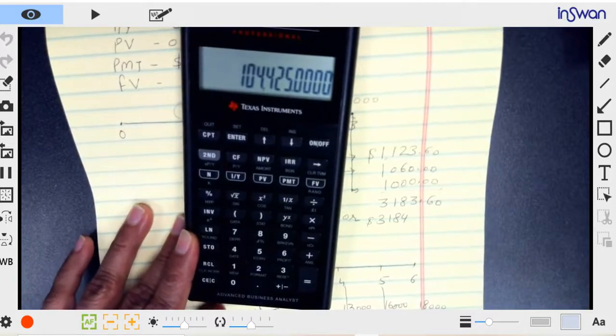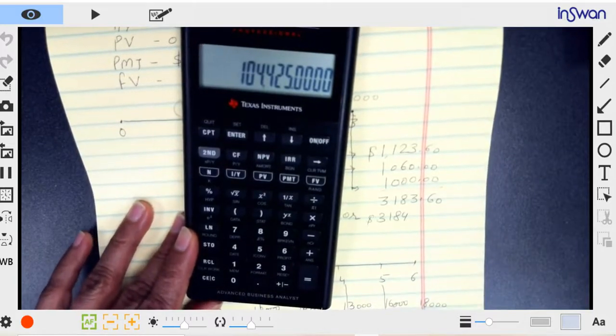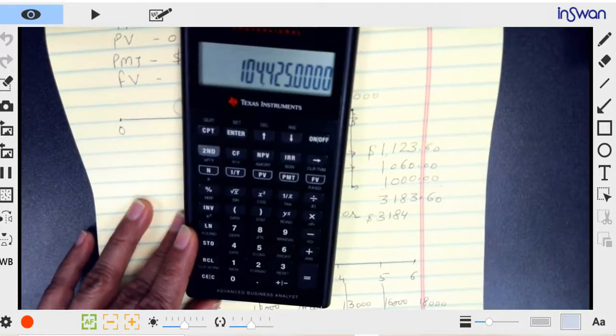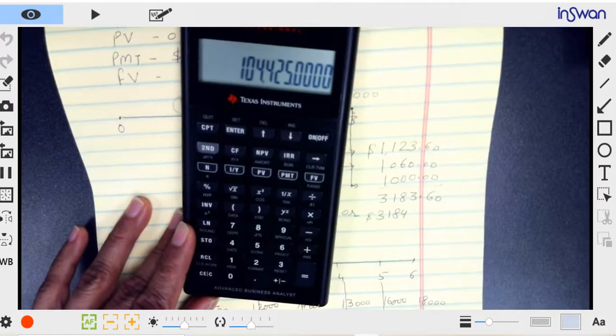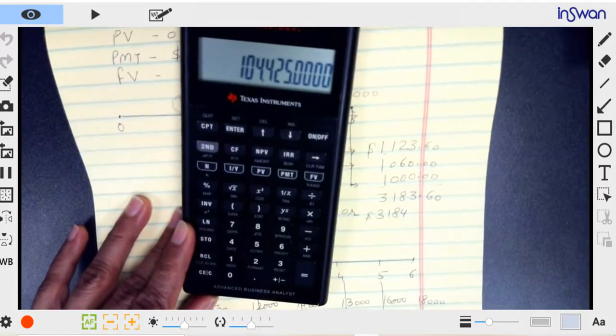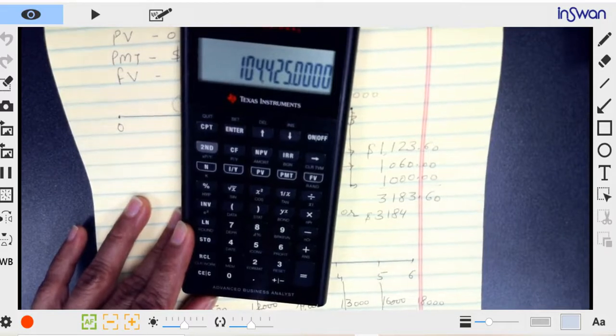But always remember what NPV stands for. NPV means net present value. There is no way you can calculate the future value of cash flows directly from the financial calculator.